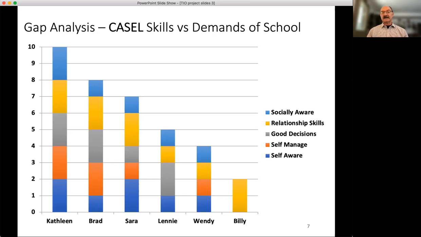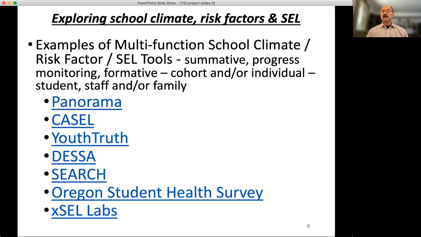So you might ask yourself, where do you get this kind of information? Maybe from some of these tools. You've probably heard of most of these. They all are very well known. They're all very credible. But like tools in a toolbox, each one is a little bit different than the other.